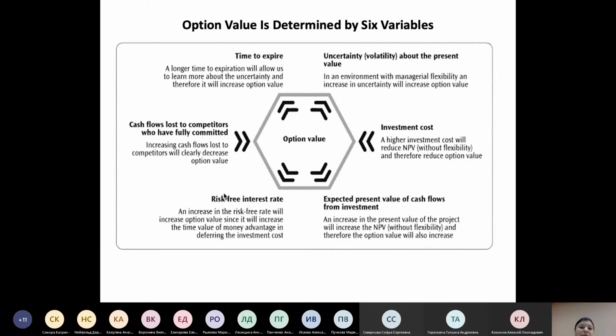Uncertainty, volatility about the present value. In our case, this uncertainty will be presented in the form of our standard deviation, first of all, and in an environment with managerial flexibility, an increase in uncertainty will increase option value. Our investment costs can be named as the strike price of your option.